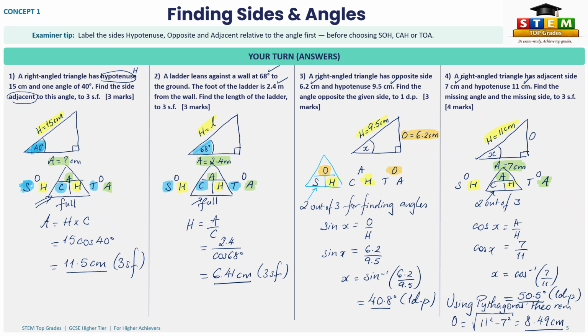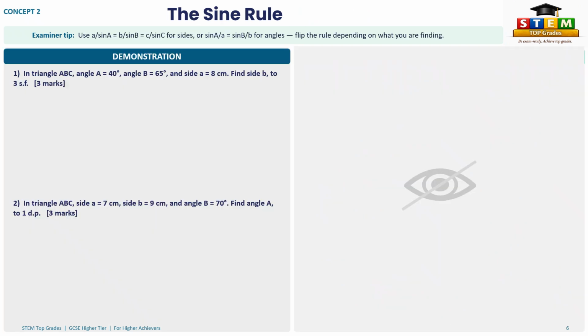Let's move on now to concept number 2. Now, concept number 2 is about applying the sine rule. So here's our second tool in our toolbox. If we are to use the sine rule, you will remember that there are 2 formulas for this.